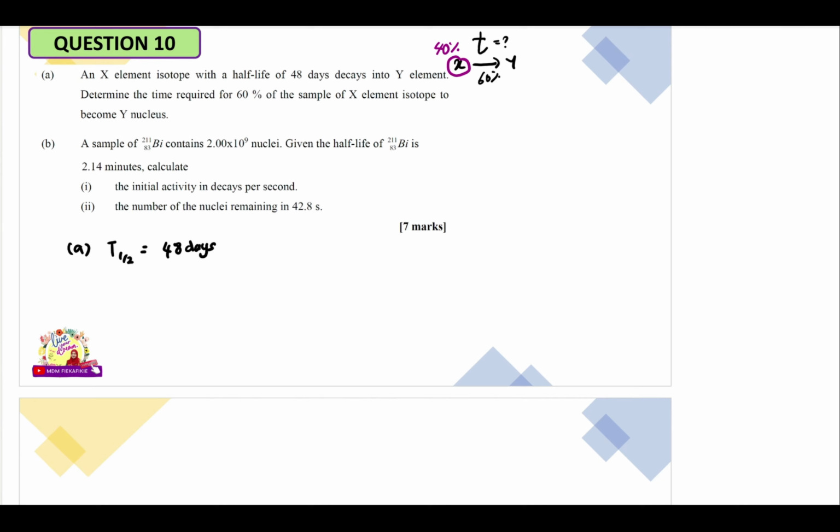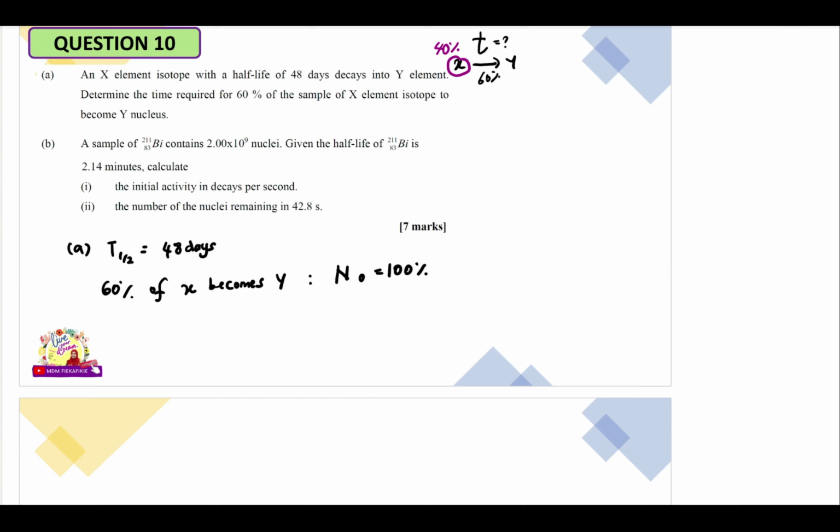Okay, so from here, we know already that 60% of X will become Y. Okay, maknanya apa dia? Maknanya means that initially the number of X is equal to 100%. Kan?